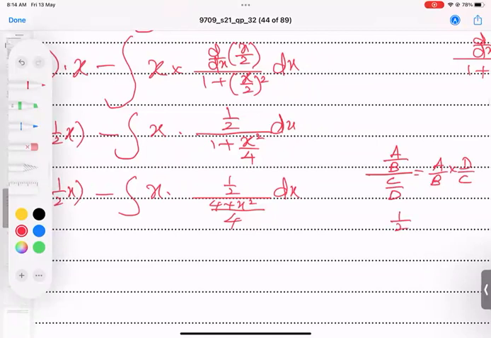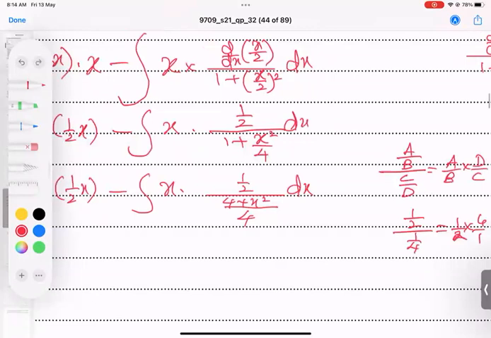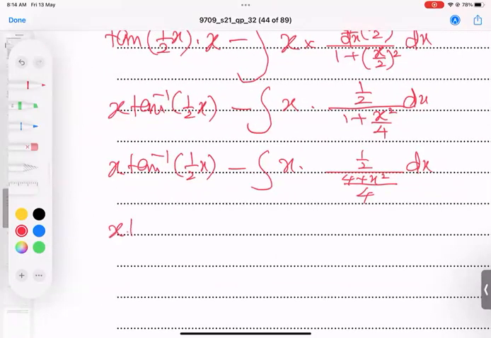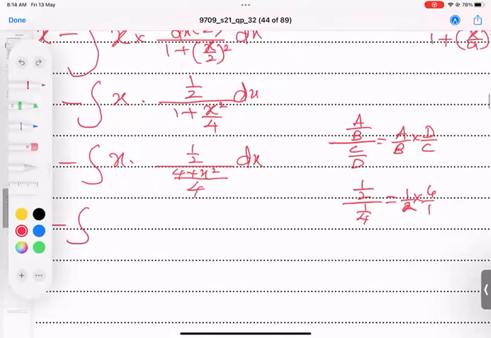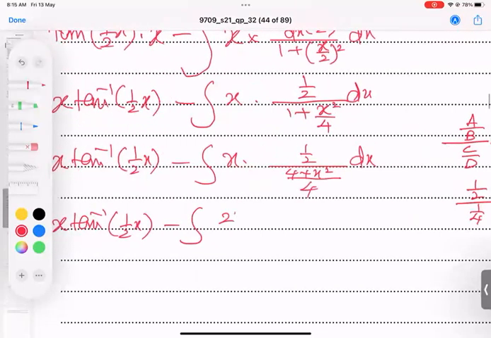In this sense, half over 1 over 4, half into 4 over 1. So these two values will become 2. Here these two values give you 2 and this x. So in short, you can see it becomes 2. Okay. So I get 2x in the numerator and 4 plus x squared in the denominator.